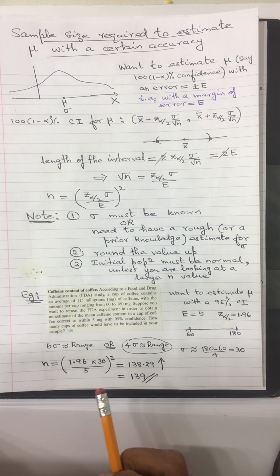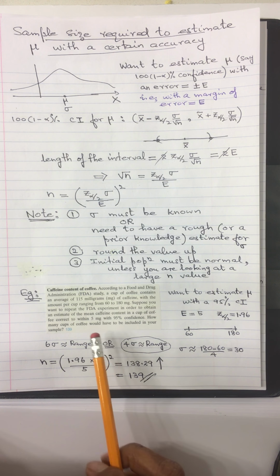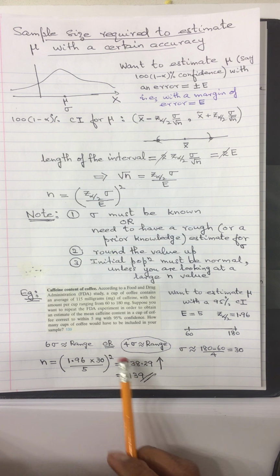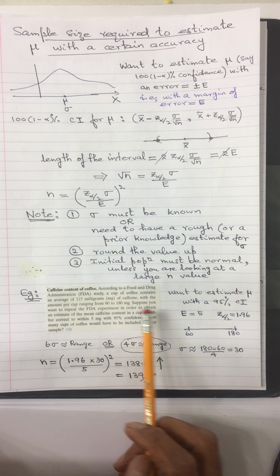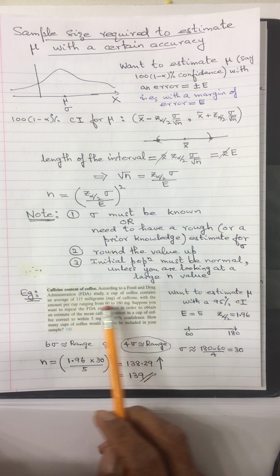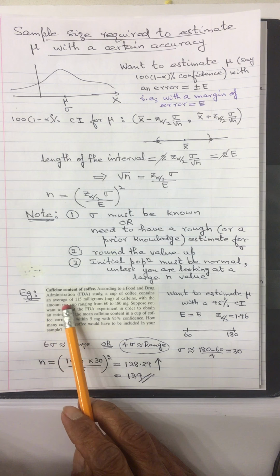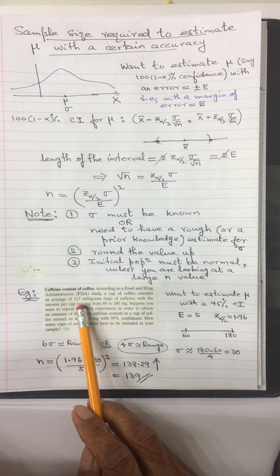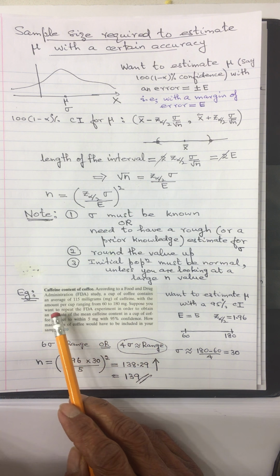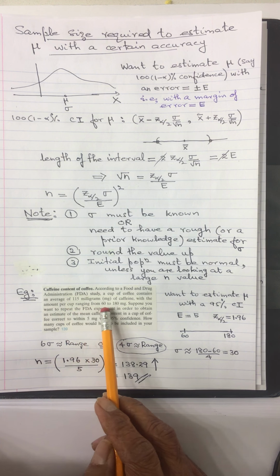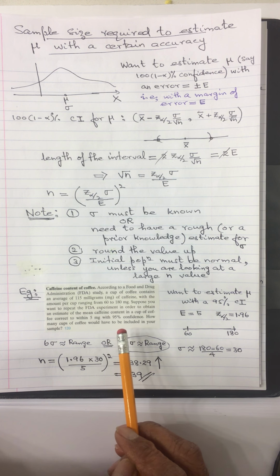All right, so let us look at an example. In this example, please read this one. Here you want to estimate: a cup of coffee contains an average of 115 milligrams of caffeine, with an amount per cup ranging from 60 to 180 milligrams.